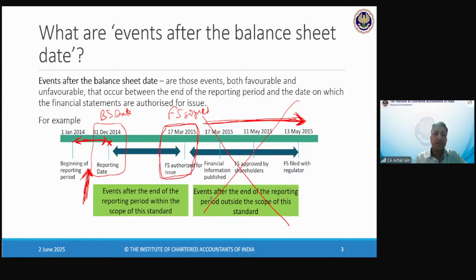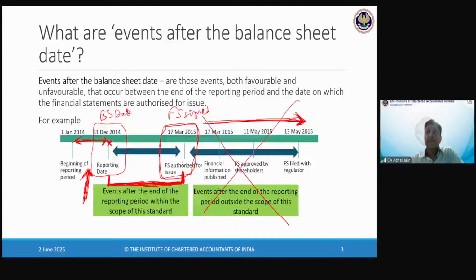Now let's talk about this period from reporting date to the date when the financial statements are authorized for issue. Means from 31st December to 17th of March. Now, this is the period which is relevant for us. So let's understand what is the requirement of the standard.